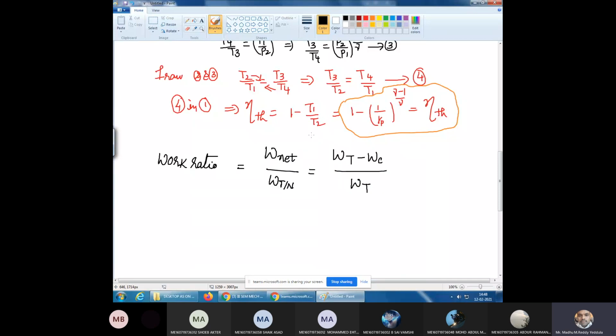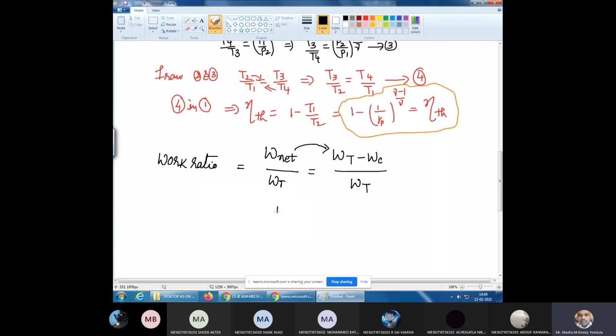What is W? WT is turbine work. Work ratio is defined as net work to the turbine work. Net work is turbine work minus compressor work, by turbine work.